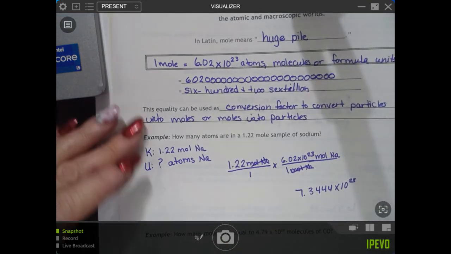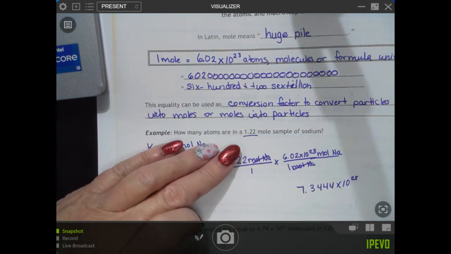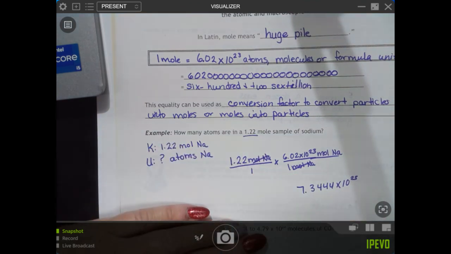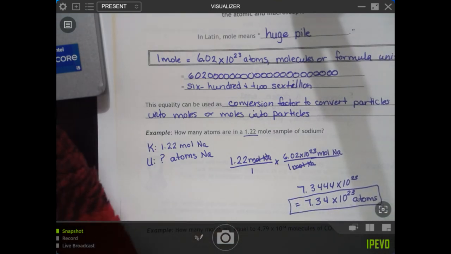Now sig figs. My number here has 3 sig figs, so my answer can have 3 sig figs: 7.34 times 10 to the 23rd atoms. That's a lot of atoms, sextillion atoms. So that's an example of a problem that we can do.